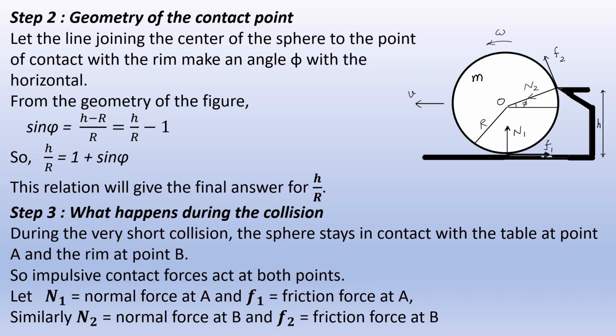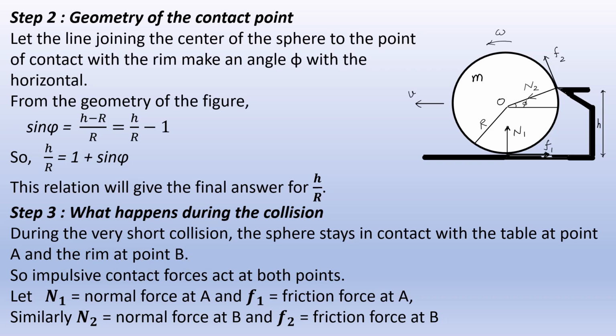Now from the geometry of the figure, we can directly relate the height h and the radius r. If you carefully look at the vertical distance, the center of the sphere is at a height r from the ground, while the edge has height h. So the vertical difference becomes h minus r, and this vertical component corresponds to the vertical projection of the radius.